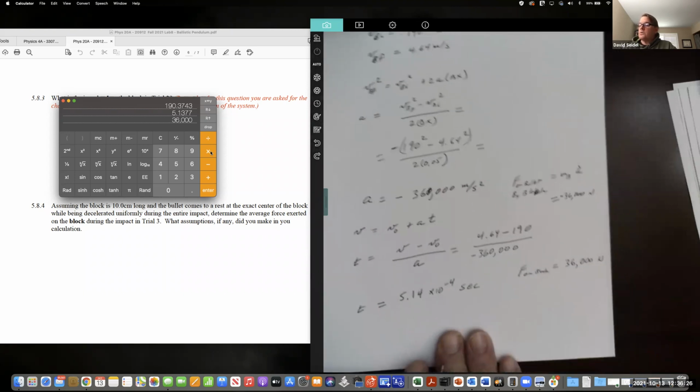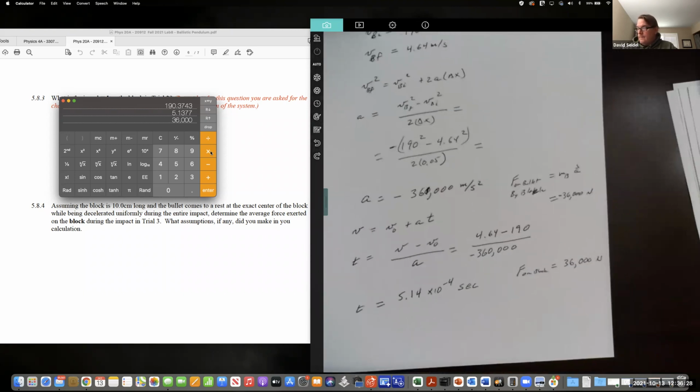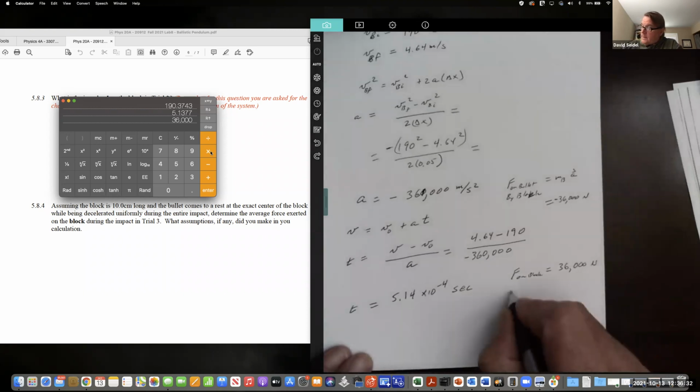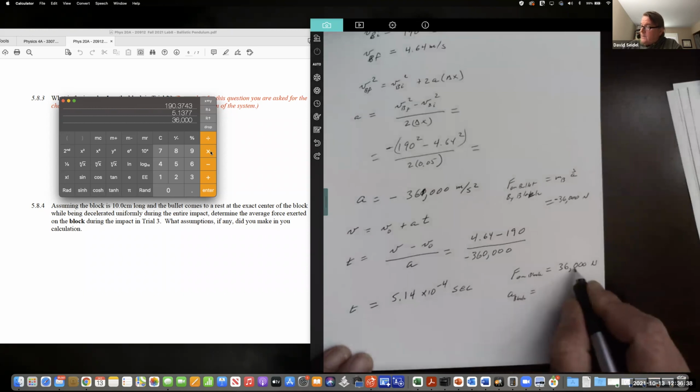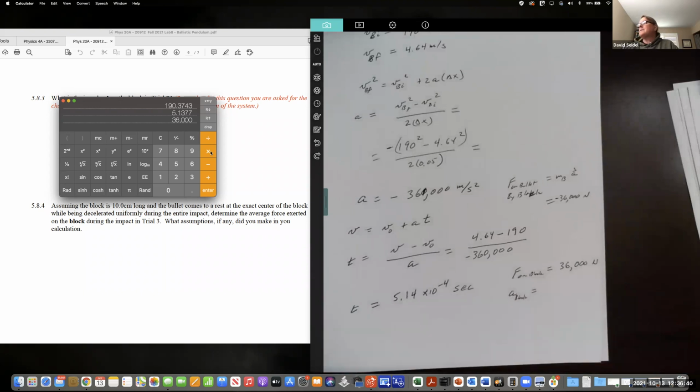I'm doing trial 8. So my acceleration of the block is equal to this force divided by the mass. I'm going to assume that force is acting just on the block the whole time and not dealing with both of them. So I'm going to divide this by 4.